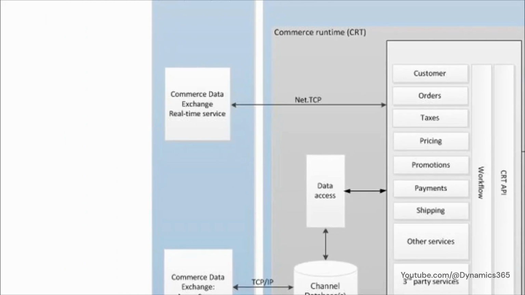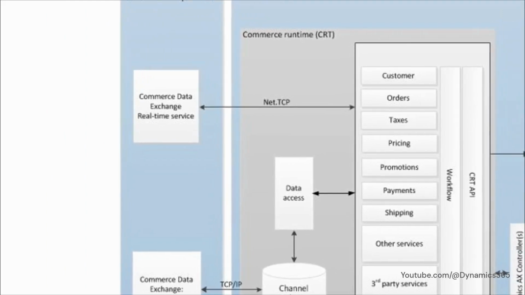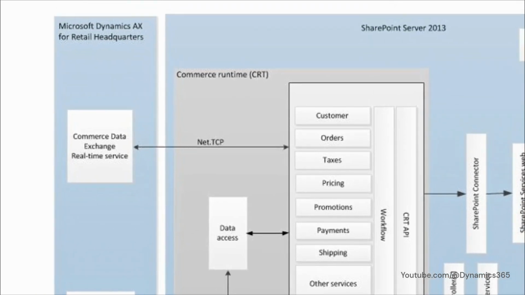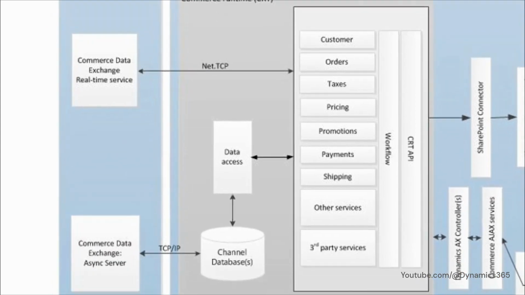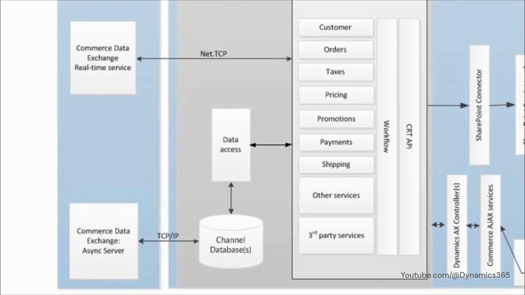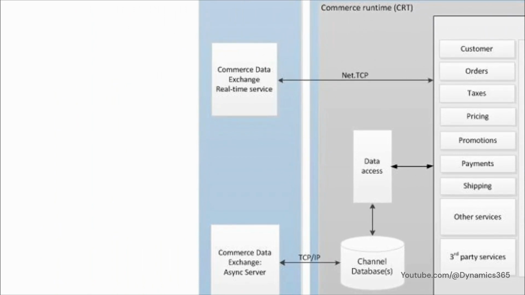and the Commerce Runtime component is required to be installed on the SharePoint, which includes a specially configured CRT database that stores the data from the web storefront and shares it with the AX in the head office on a regular basis.